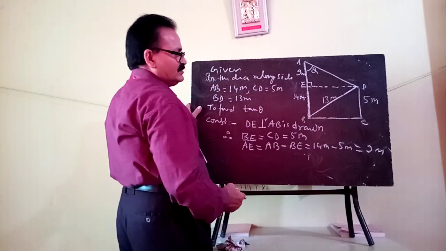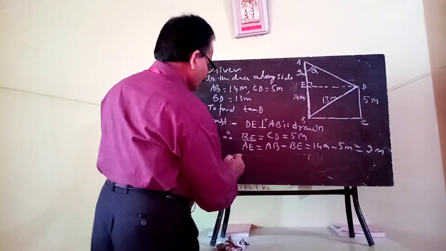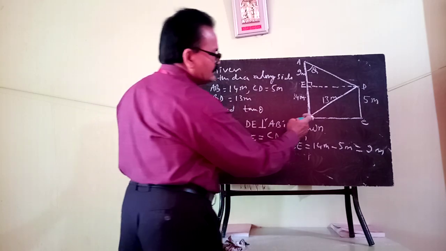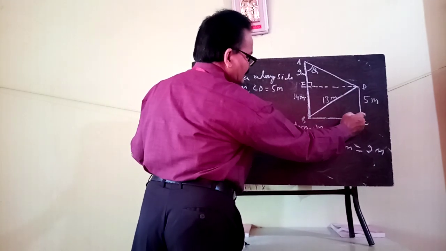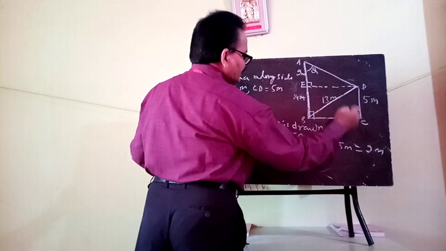Now you have to find the value of ED. For ED, you have to find BC first. For BC, you can use a right angle triangle, because this is the pole. So right angle triangle BCD.